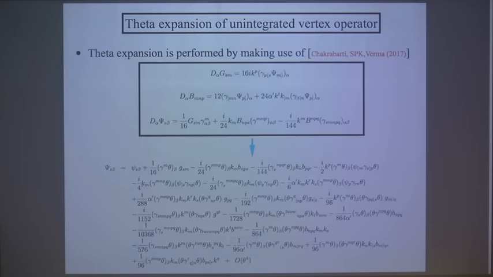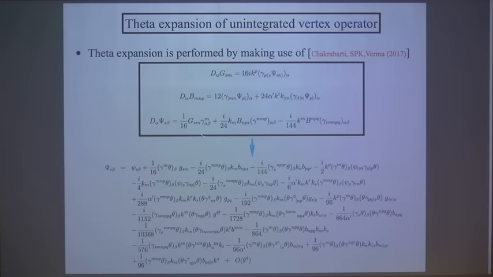Next, the point of this exercise is that theta expansions are a must for computing scattering amplitudes in pure spinor, and the theta expansion is done by making use of these equations, which relate lower order components to higher order components.